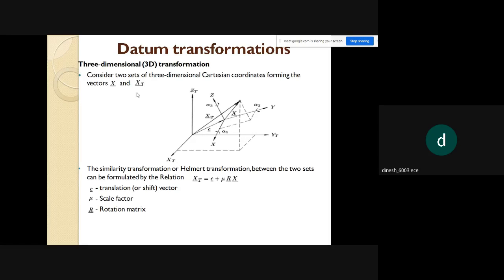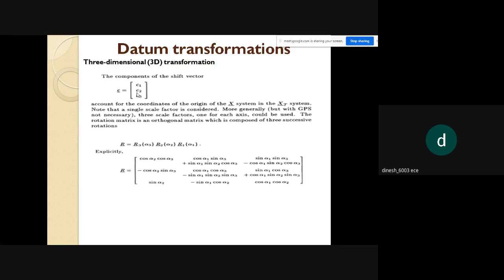The three-dimensional transformation is with respect to our rectangular coordinates, the x-axis, y-axis, and z-axis. We use the Helmert transformation between the two sets, given by xt equals c plus mu R x. Here c is the translation or shift vector, mu is the scaling factor, and R is a rotation matrix.